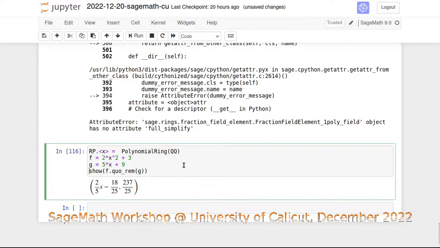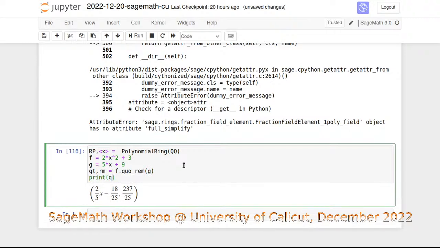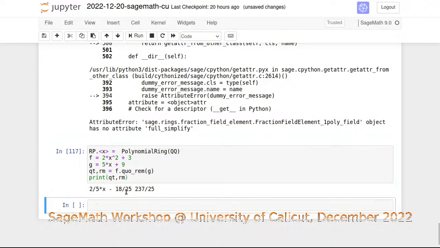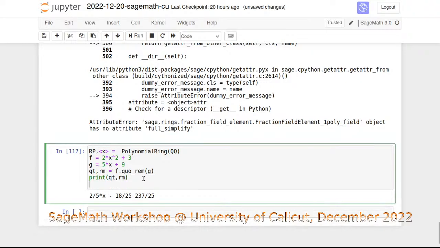So let us just do quotient and remainder. Suppose we take it to be this and print quotient comma remainder. So we are getting both of these things like this. Let us try to add these two and see if this is actually correct.